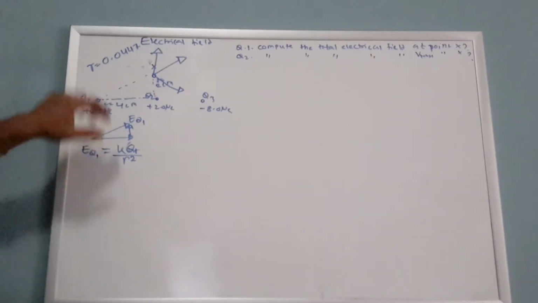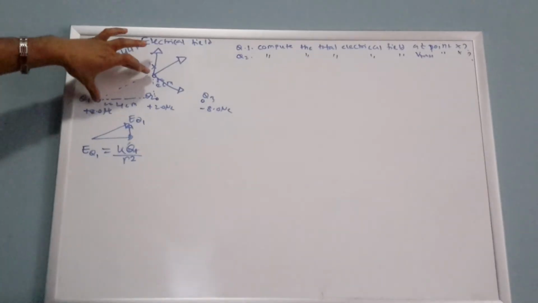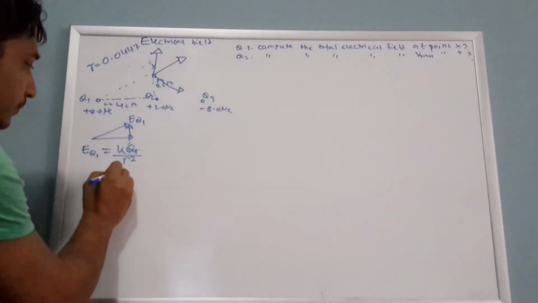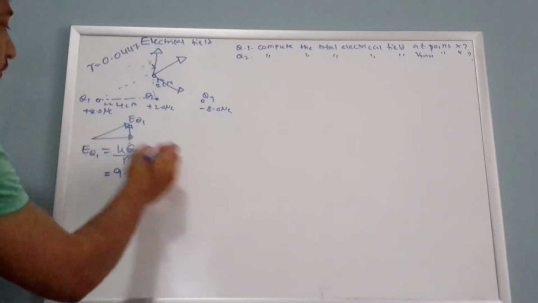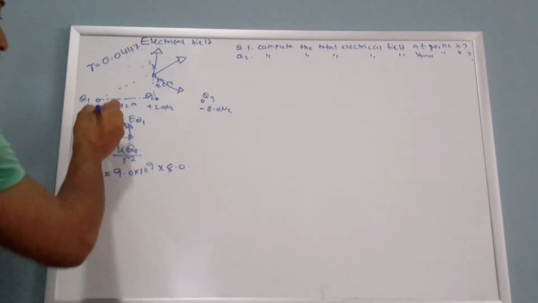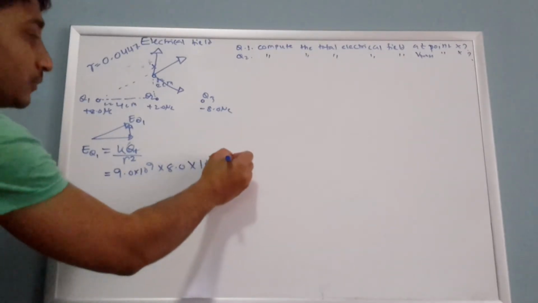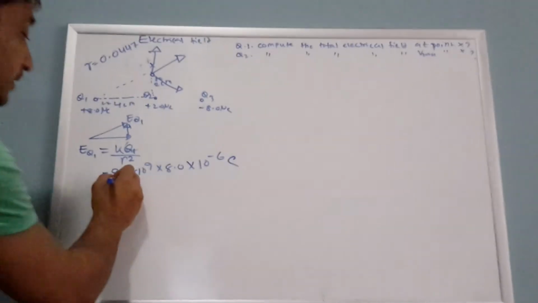This is our distance R. Now k equals, we know, 9.0 times 10 to the power 9, and Q1 is given as 8.0 microcoulomb, so we have to convert into coulomb. It's 10 to the power negative 6.